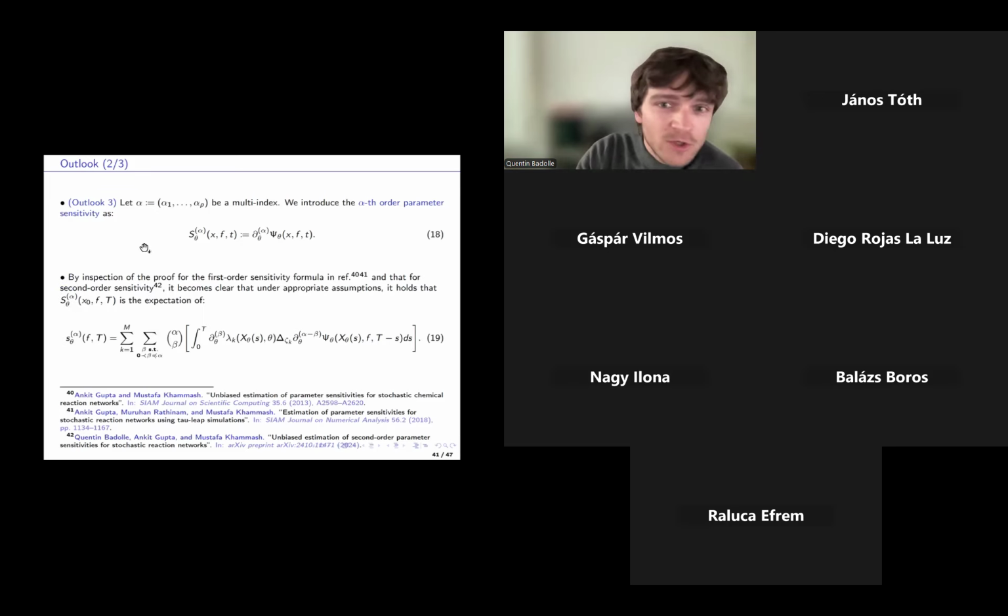Well, by close inspection of the way the proof is structured for first order and second order sensitivities, we know that the formula is going to have this shape, where as for the first and second order sensitivity, you sum over the reactions, and then you need to have these binomial coefficients times this integral of time, where you have derivatives of the propensities and finite differences of lower order sensitivities. So we have also outlined a hierarchy in the sensitivities.